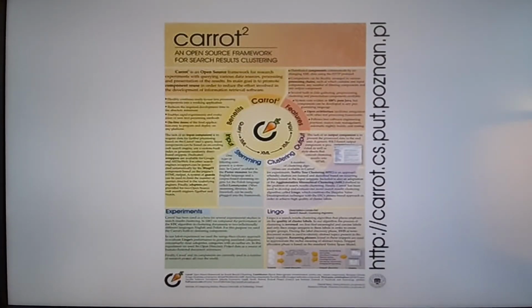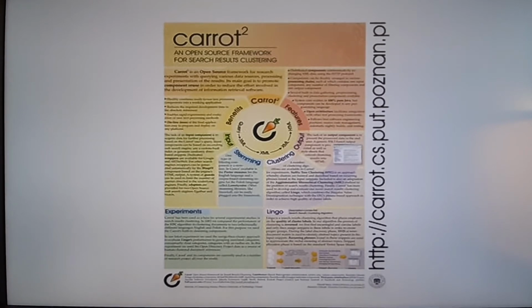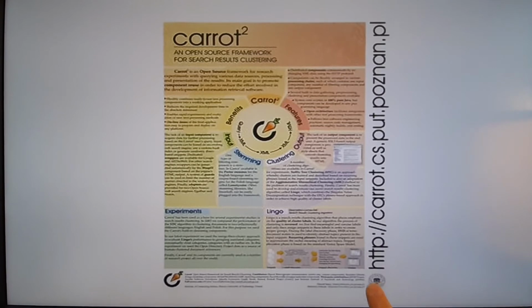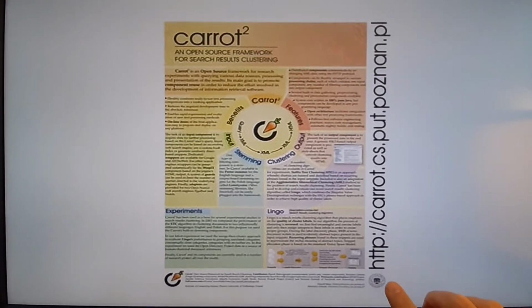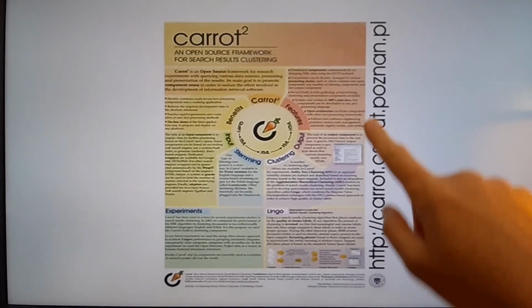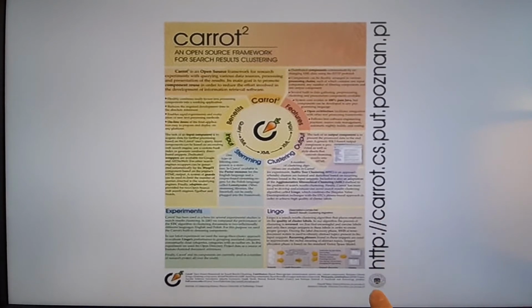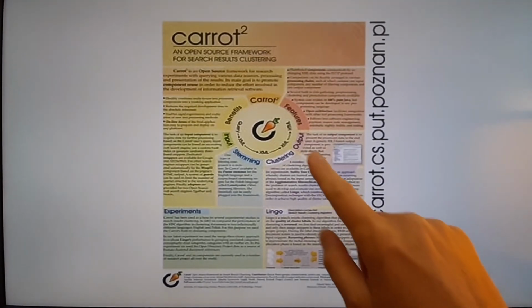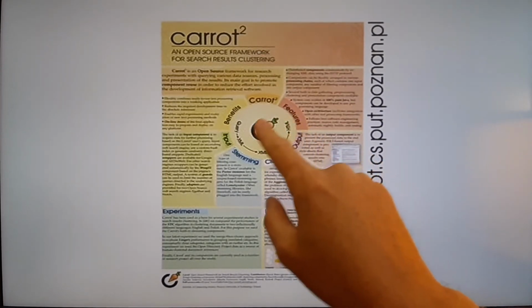This one is really good. The reason I like it is it's got pretty much everything here. This is from Poland. So you can find out even more information on the website. It's got the logo of the school. But I like how the sections go around in a circle.